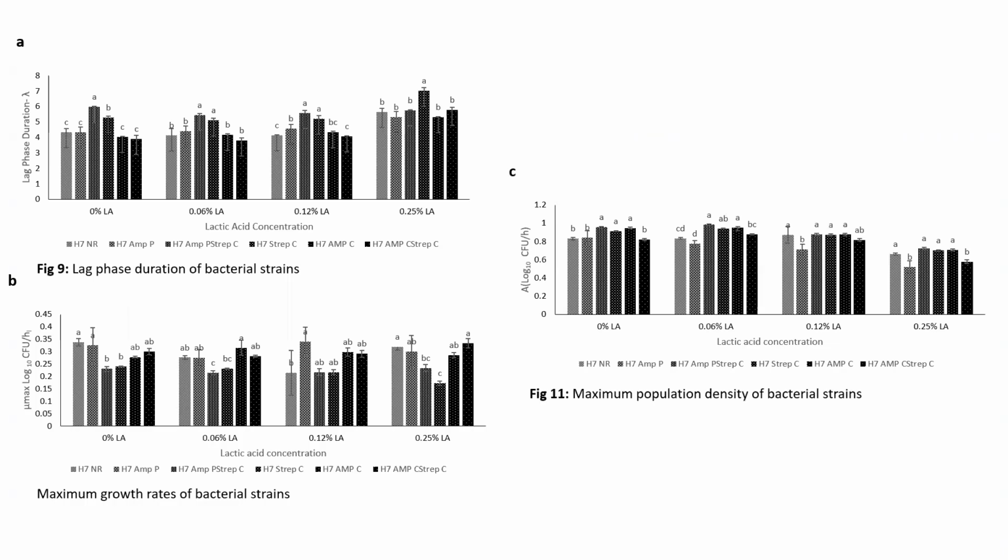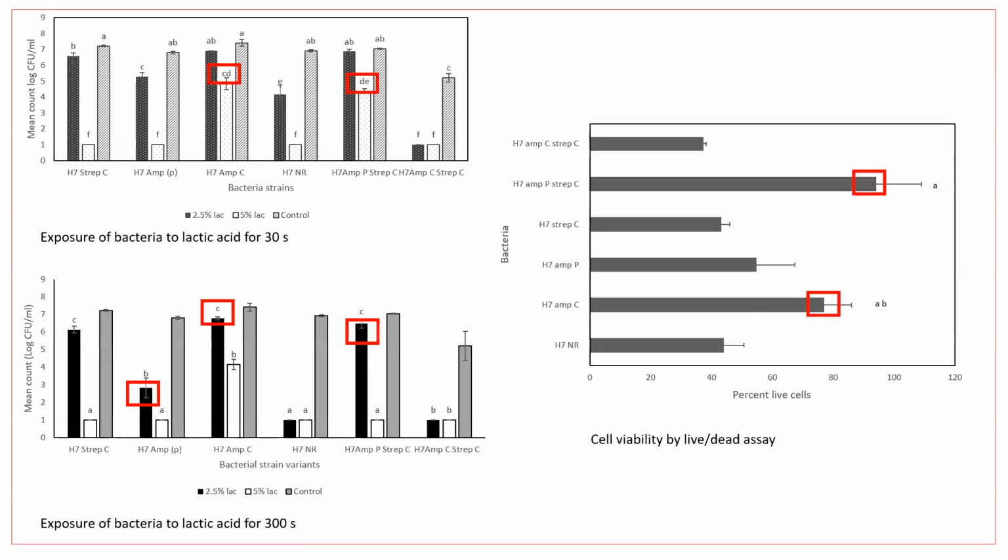And so this was just a graph that outlined those differences, because we compared them and we looked out for significant differences between lag phase duration, the maximum growth rate, and the maximum population density of the bacterial strains.